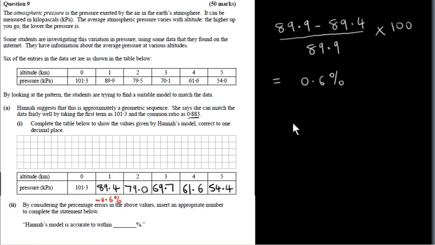We do the same for the next value. We can take the measured value and subtract the value from the model. So the measured value is 79.5. The value in the model is 79. And we divide by the measured value. We're always comparing to the measured value.